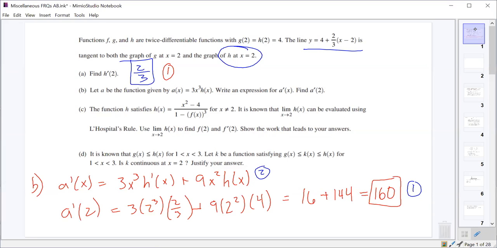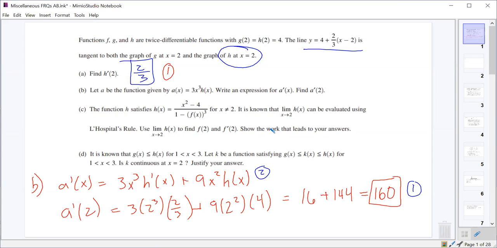Part C says h satisfies this equation: h of x equals x squared minus 4 over 1 minus f of x cubed when x does not equal 2. And we also know that the limit as x approaches 2 of h of x can be evaluated using L'Hopital's rule.